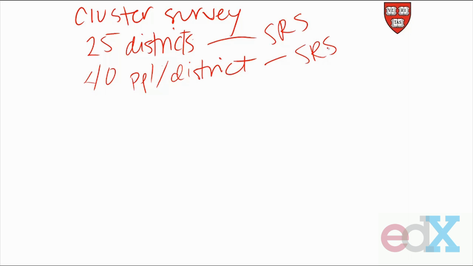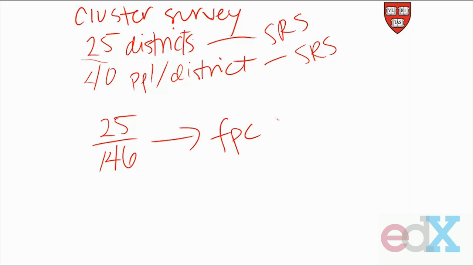So what fraction of the districts are we sampling in our population? We're sampling 25 out of 146 total districts in the population. So this is actually going to be our finite population correction in Stata at stage 1. And then what fraction of the population are we sampling at the second stage?